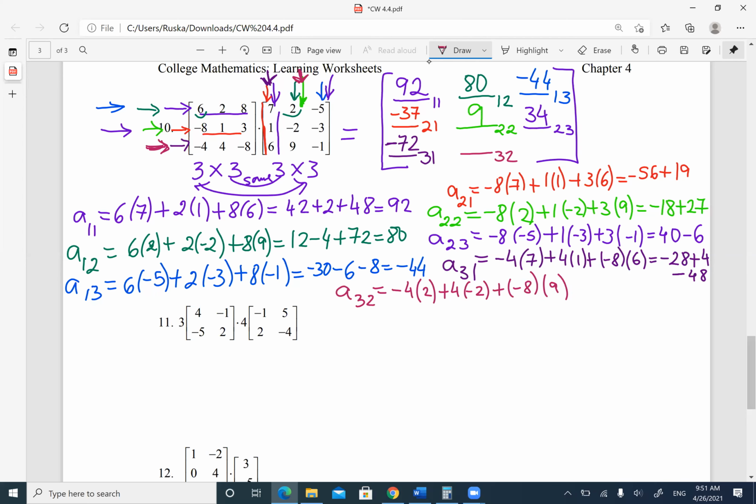So we're going to get negative 8, and another negative 8 is negative 16. And negative 9 times 8 is 72. So when I add those numbers, 16 plus 72 is negative 88.